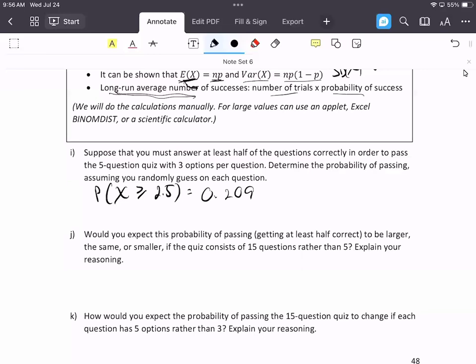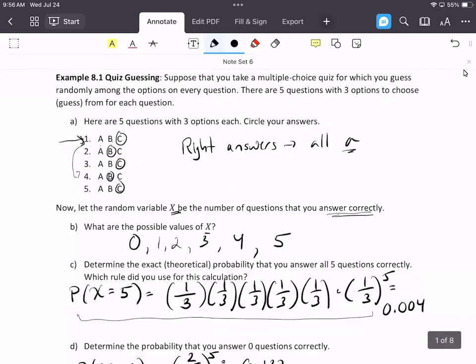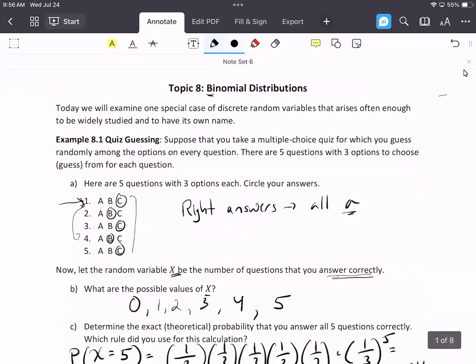Now, would you expect this probability of passing, in other words, getting at least half correct, to be larger, the same, or smaller if the quiz consisted of 15 questions rather than 5? And explain your reasoning. Well, if we think about it, maybe you're lucky guessing with 5. But what if we go to 15?